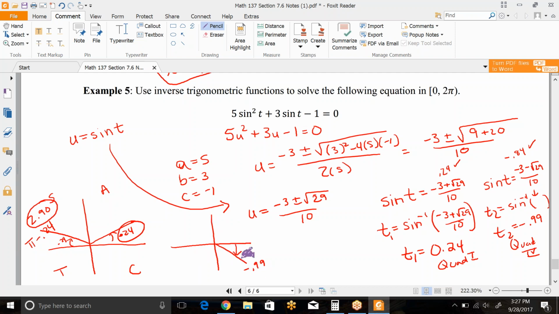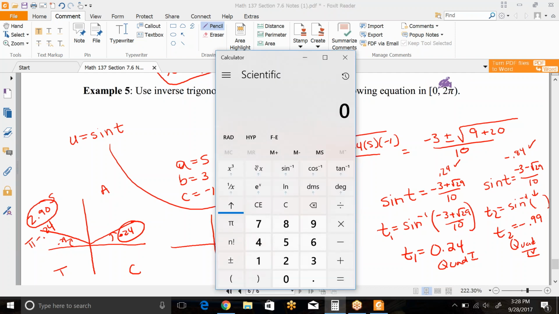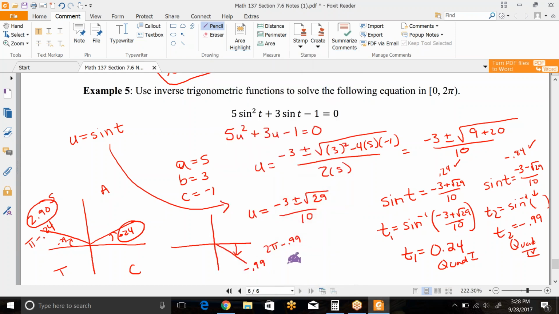Now I want to know what that is between 0 and 2 pi. So I need to do 2 pi minus the 0.99 to get a positive radian measurement, because they want us to report our answer between 0 and 2 pi. So 2 times pi minus the 0.99 is 5.29. So this is actually 5.29 over here.